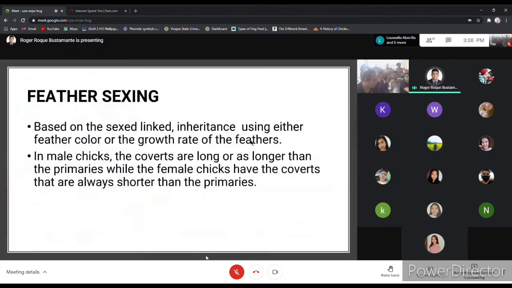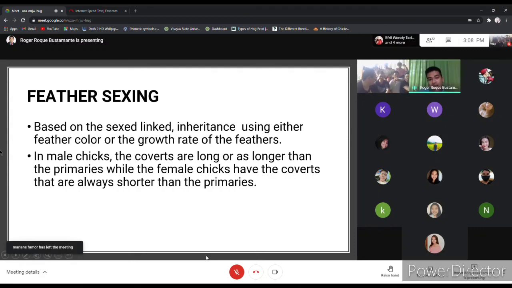So feather sexing, okay, this is very common. It is based on sex-linked inheritance using the feather or color growth of the feathers. In male chicks, the coverts are as long as or longer than the primaries, while female chicks have coverts that are always shorter than the primaries. I have here photos that will show you how to perform feather sexing.